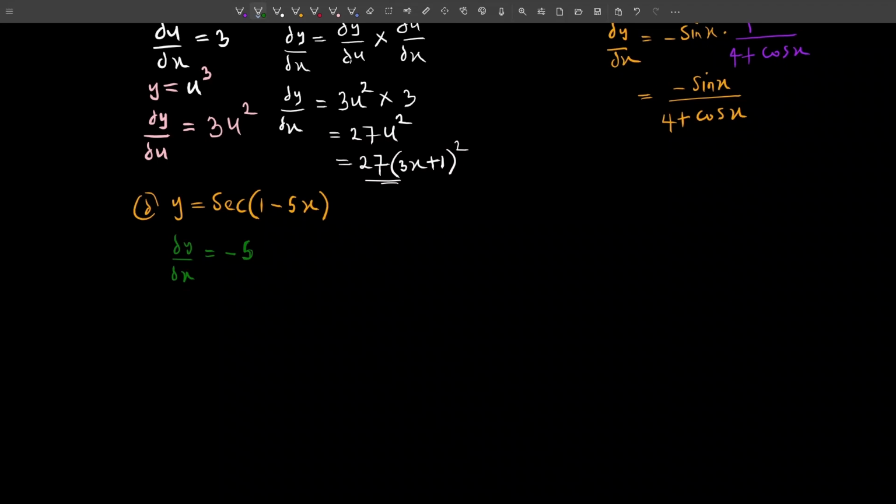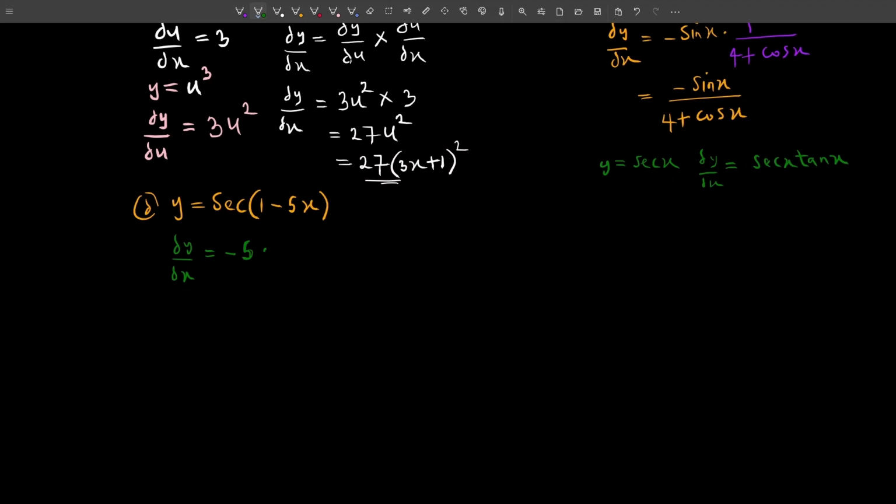What do we do next? We differentiate the outer function, which is sec. Now recall that if y is sec x, then dy/dx is sec x tan x. So differentiating sec this will give me sec this and tan this. Let me make sure you understand that.